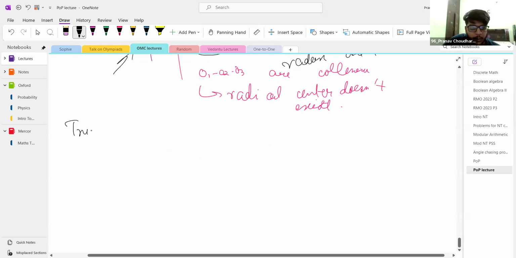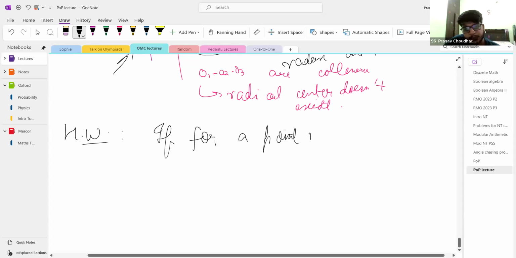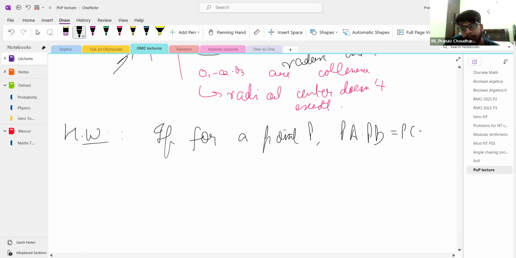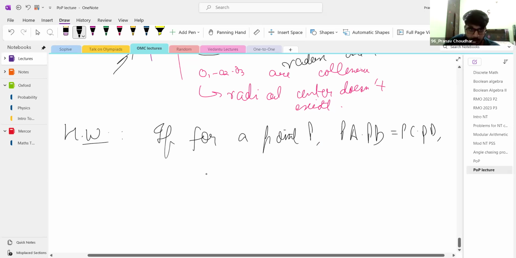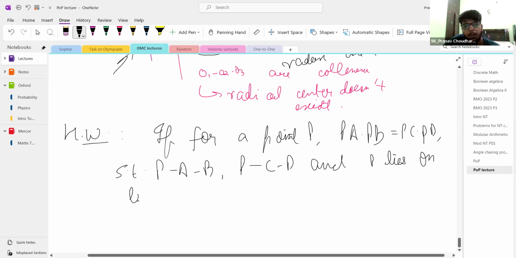Okay, try to prove this on your own. It's homework, it's not very hard. You just have to deal with some edge case. If for a point P, PA times PB equals PC times PD, such that P, A, B are collinear and P, C, D are collinear, and P lies on both segments AB, CD or on neither, this condition is important.